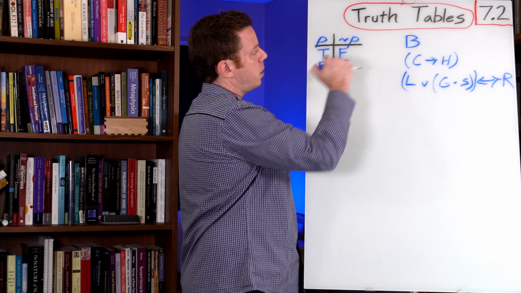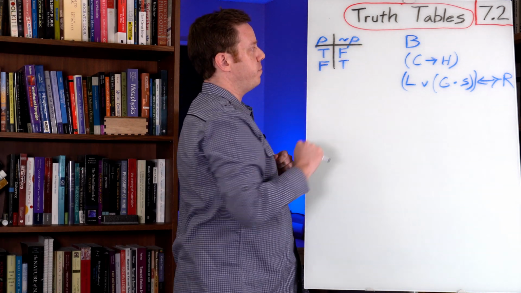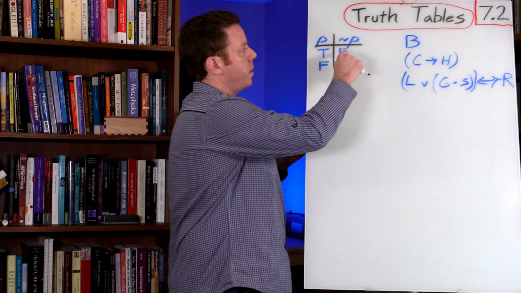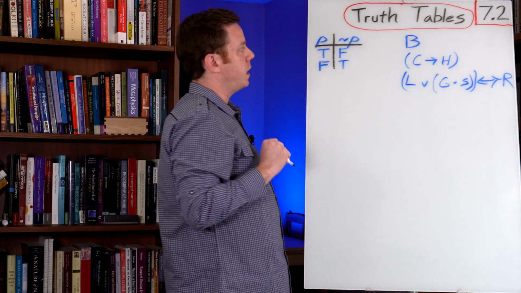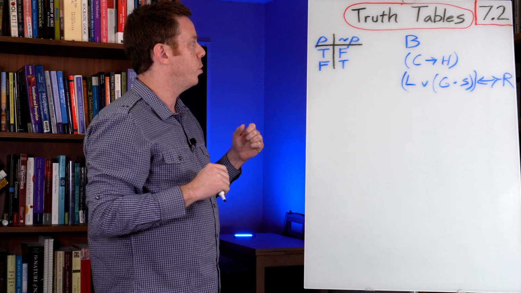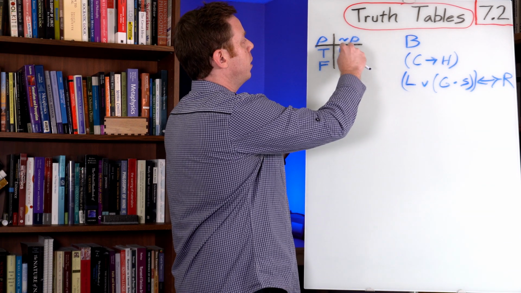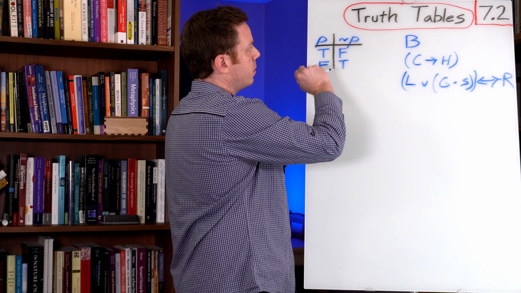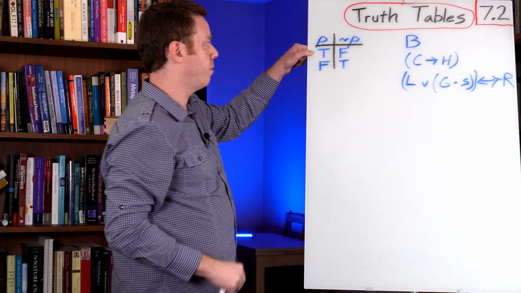Then over here on the right, we have the negation of P. And the false and the true below it, the F and the T, stand for false and true. These represent the truth value of not P when P has the corresponding truth value over here on the left.